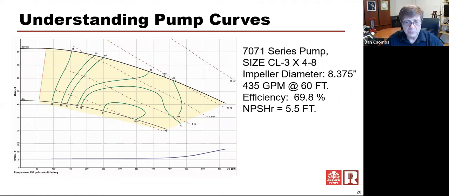Meaning that every single pump that's built is not built exactly with the same tolerances from the front of the vane to the front of the casing, or from the back side of the impeller to the back side of the casing. There is some variance in manufacturing that happens. It's going to cause some fluctuation of this curve, but it's very minor.